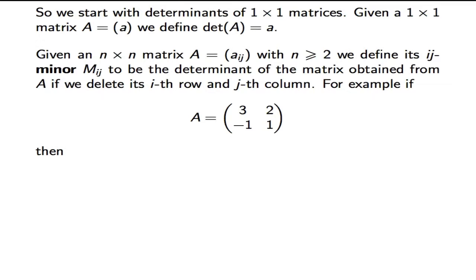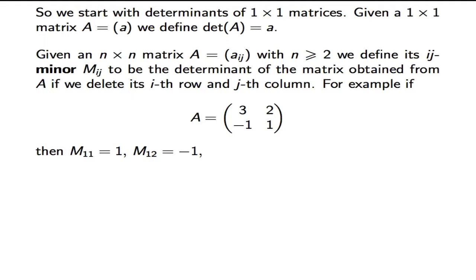So let's see an example. So suppose A is this matrix here. Now M11 is going to be the determinant of the matrix obtained from A if we delete the first row and the first column. Now this is a 1 by 1 matrix with entry 1. So M11 is equal to 1.